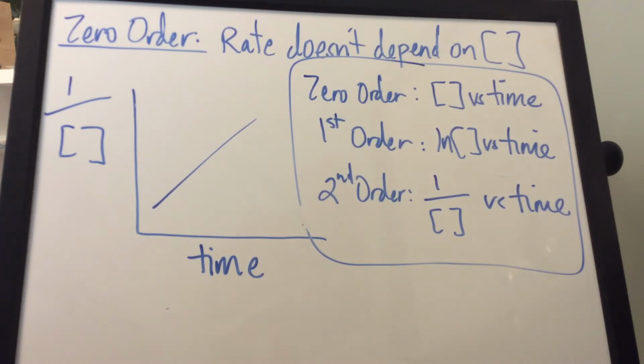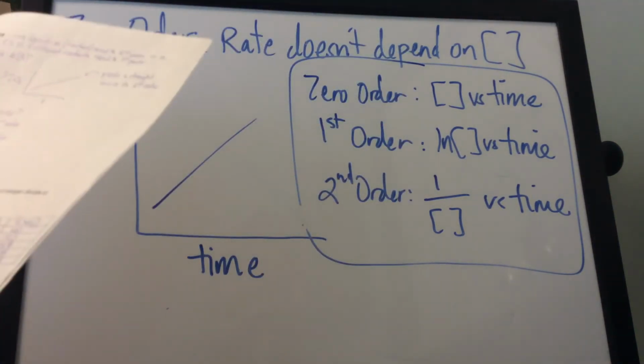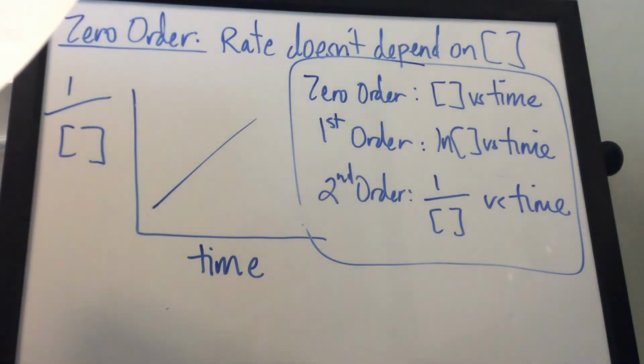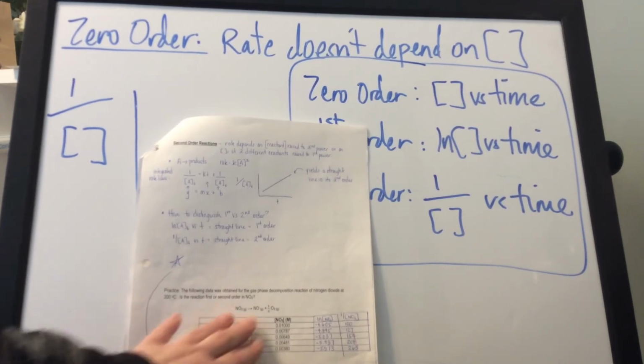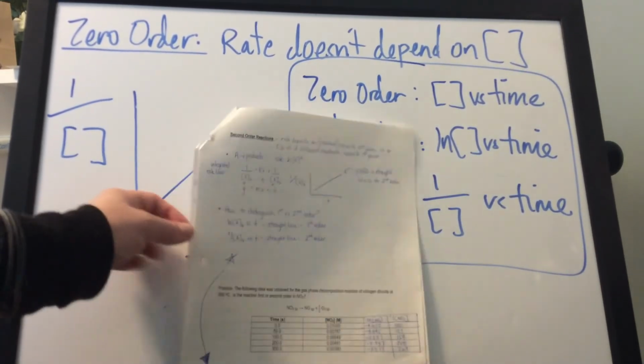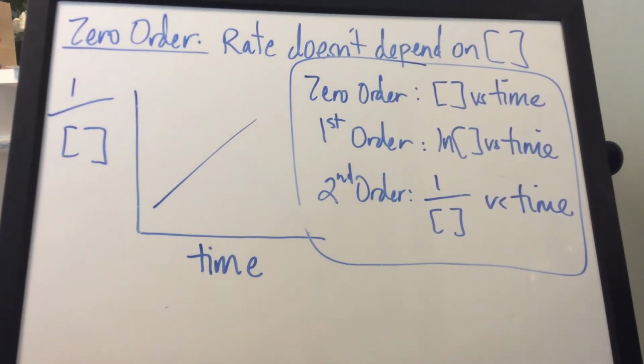Now there's a practice problem at the bottom of your page that says, the following data was obtained for the gas phase decomposition of nitrogen dioxide. Is this reaction first or second order? They give you a reaction, some time data and some concentration data, but then you're like, I have no idea, how am I supposed to know? Well, you'd have to look at this graphically.